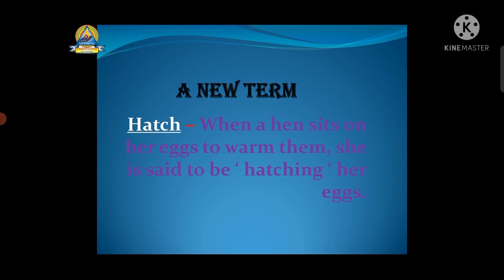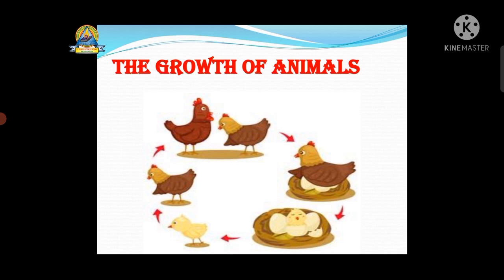So the hen looks after her chicks till they grow a little bigger, and this is the new term about hatch. So this is the growth of the animal. First egg, then hatching the egg, and the hen sits on her eggs to keep them warm. When the growth is complete, the chick breaks the eggshell and comes out.